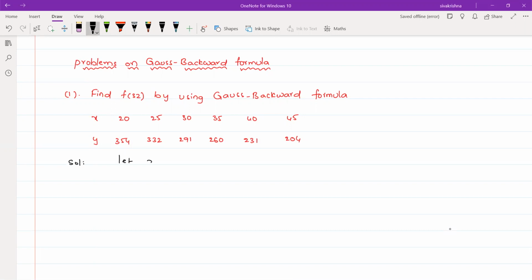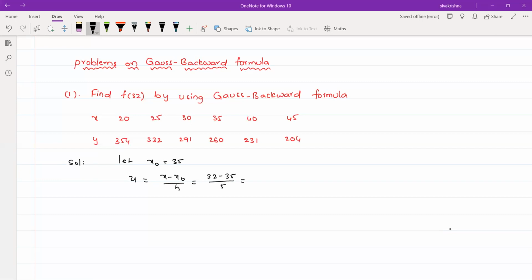So coming to the solution, let x naught be equal to 35. Now we have to find u. u is equal to x minus x naught by h. This is the formula for u. Here x is the value we have to find, that is 32, so x minus x naught is 32 minus 35, and h is the interval of difference, which is 5.